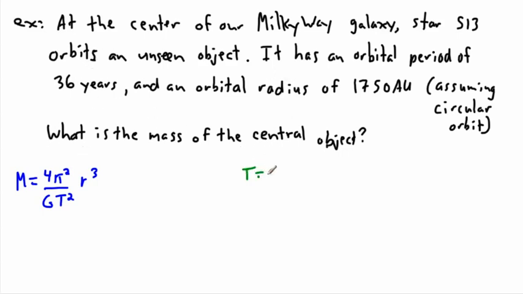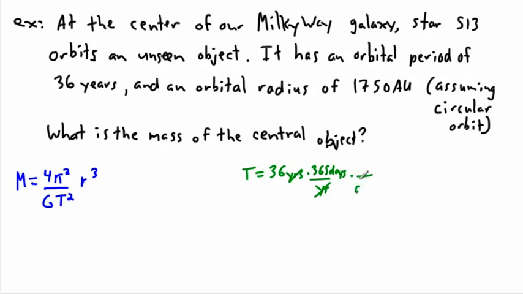So the period, which is 36 years, I need to convert that to seconds. So again, I can use this little trick here. If I would use something with years on the bottom, I know that there are 365 days in 1 year. If I do that, then the years cancel out. Now 36 times 365 gives me the answer in days.